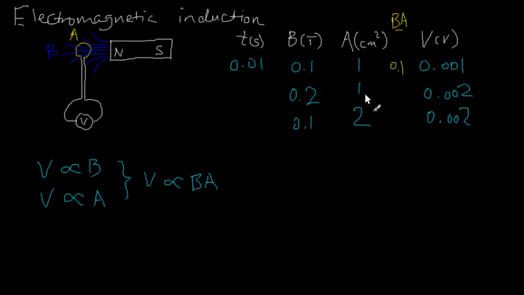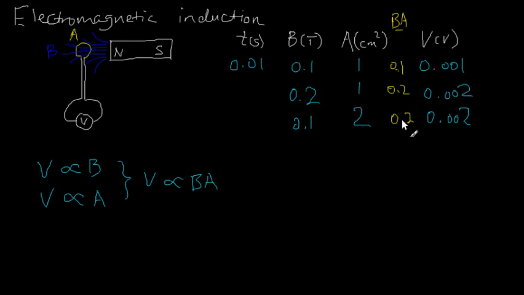B times A here is 0.2 times 1, so that's 0.2. B times A here is 0.1 times 2, which is also 0.2. If I compare this with this, you see that from 0.1 to 0.2, B times A is doubled. So you see that the voltage is also doubled, from 0.001 to 0.002.